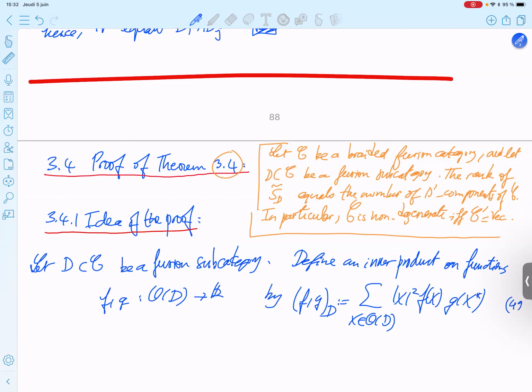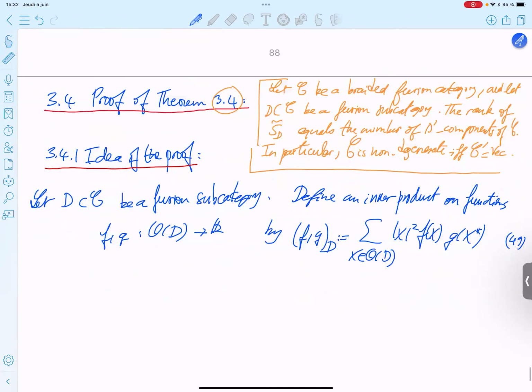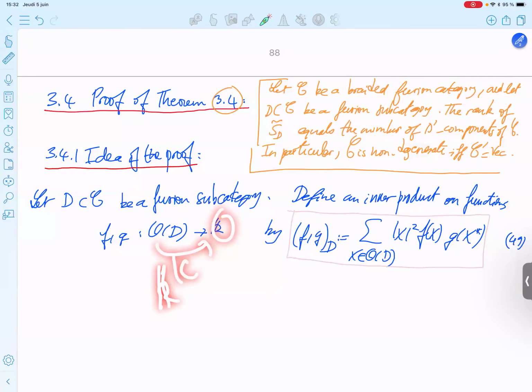This is equation 49. So you have this inner product on this finite dimensional vector space. It's finite dimensional because you have finitely many simple objects, and you map to the field, so it's a vector space isomorphic to that. Nothing mysterious. And you define the inner product like that.